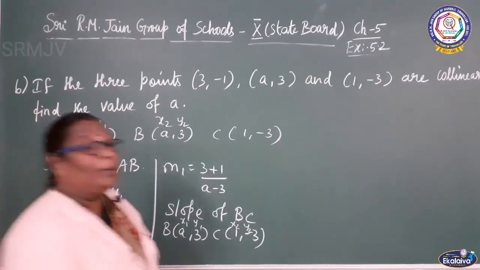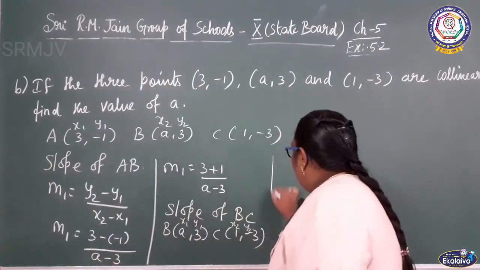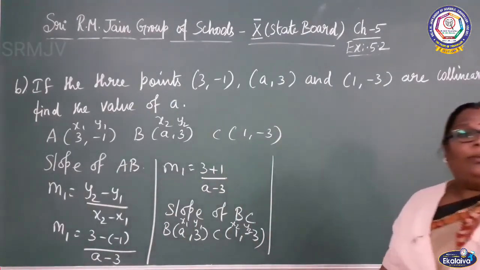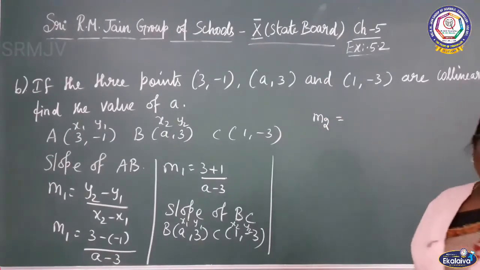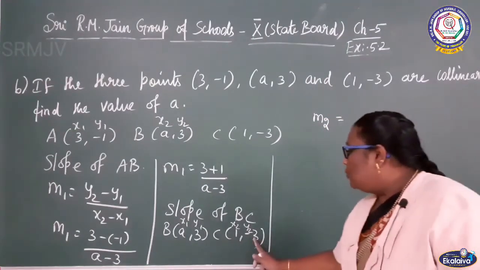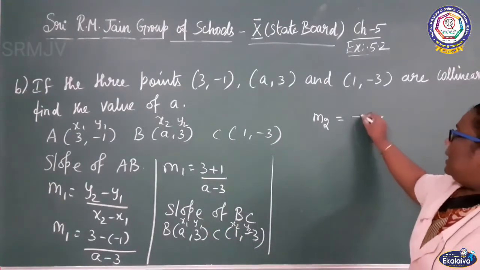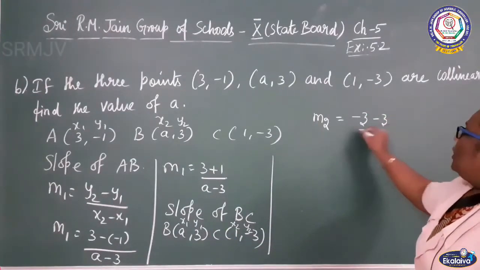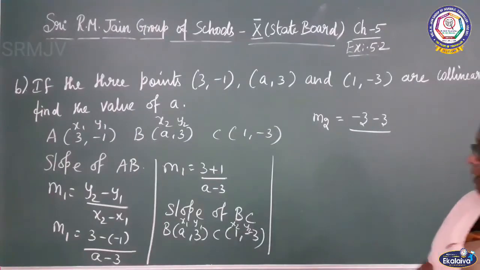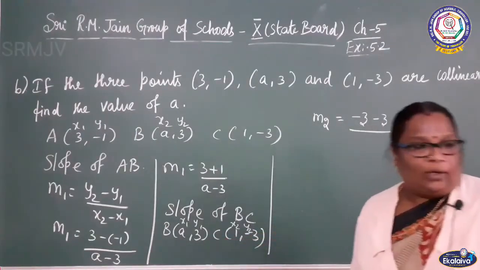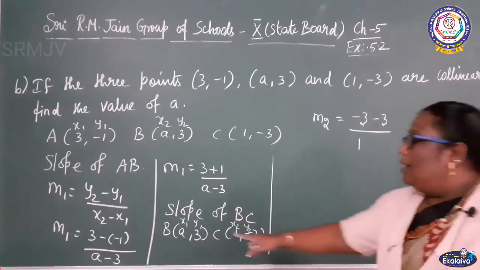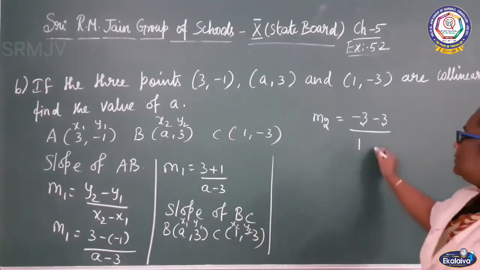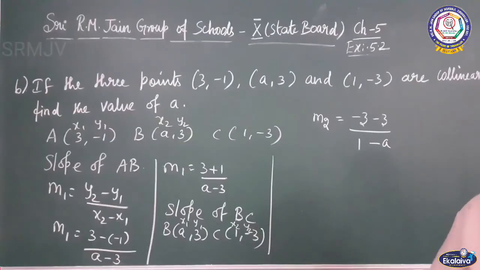So slope of BC, M2 equals y2 minus y1. y2 is minus 3 minus y1 is 3. x2 value is 1, minus x1 value, which is A.